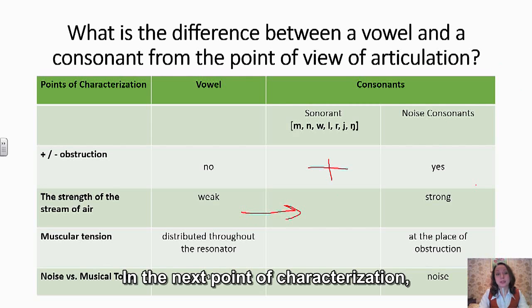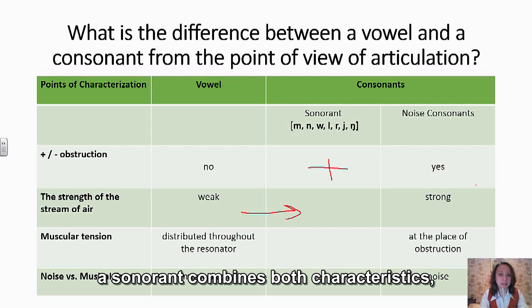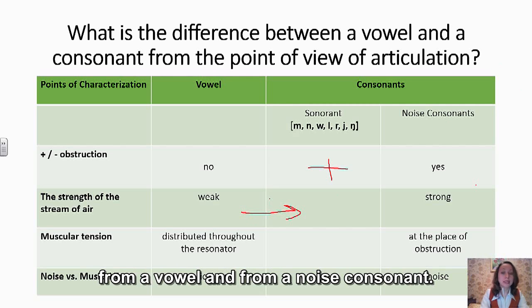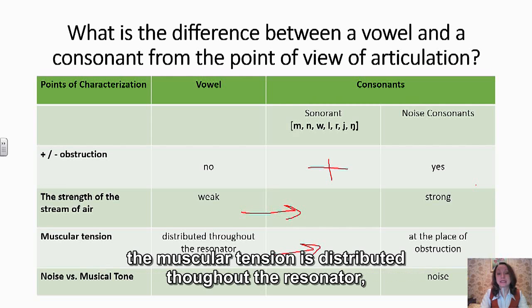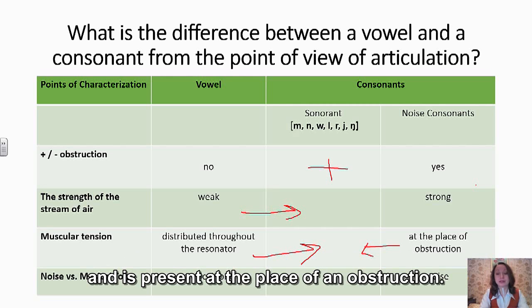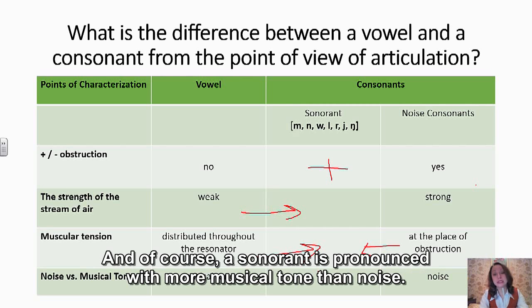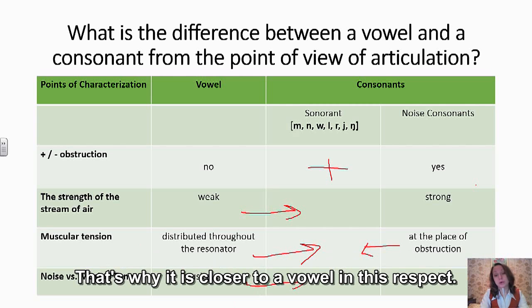In the next point of characterization, a sonorant combines characteristics from both a vowel and a consonant. That means when we pronounce the sonorant, the muscular tension is distributed throughout the resonator and is present at the place of an obstruction. And of course, a sonorant is pronounced with more musical tone than noise. That's why it is closer to a vowel in this respect.